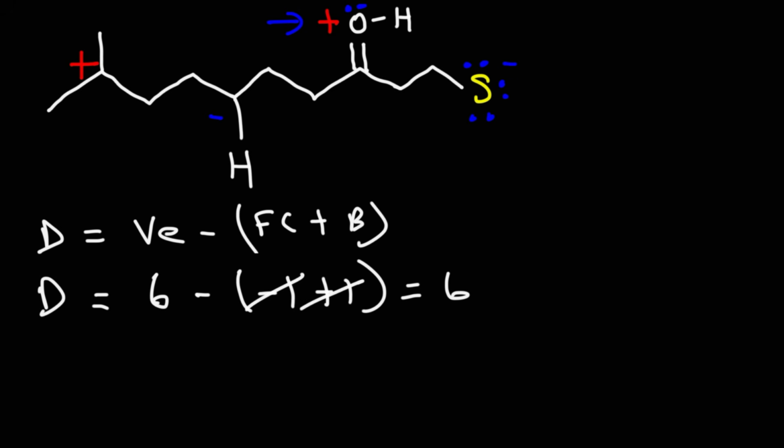Now let's look at the azide ion. That's N3 minus. And there are different resonance forms of this ion. Here's one resonance form, and I'm going to draw another one.